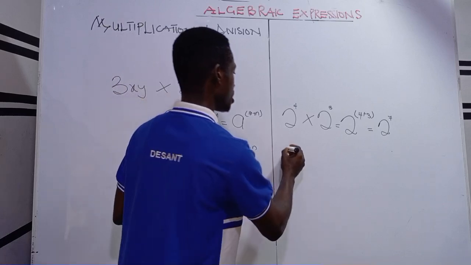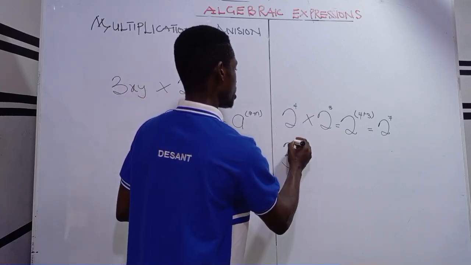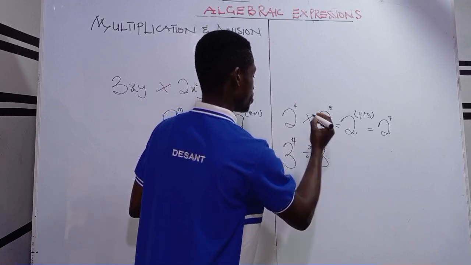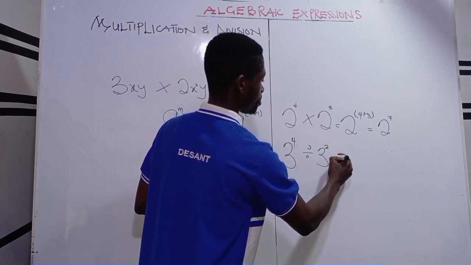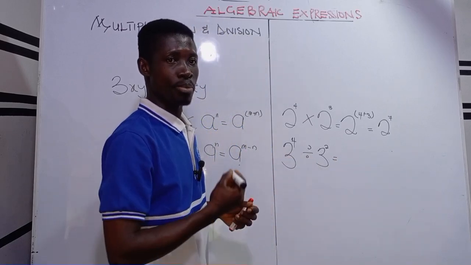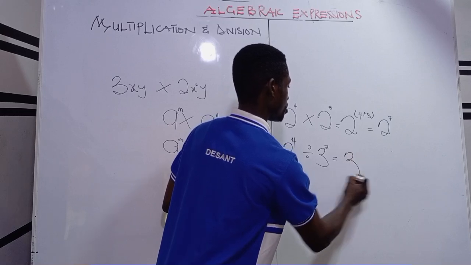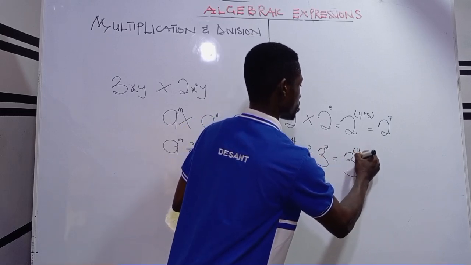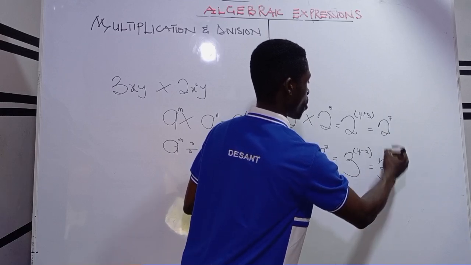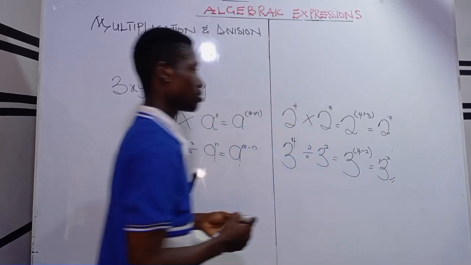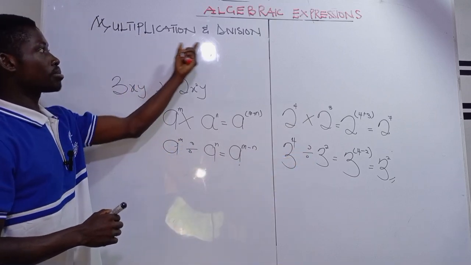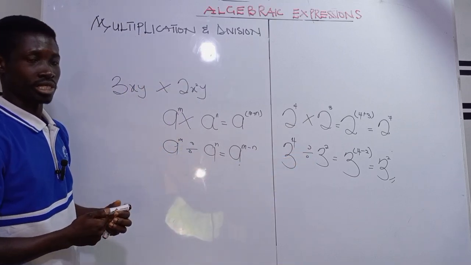Similarly, when you have, let's say, 3 power 4 divided by 3 power 2, since the bases are the same and then they are dividing, we pick one of the base and then we subtract their exponent. 4 minus what? 2. And this gives us 3 power 2. So we are going to base on this concept in multiplying and dividing algebraic expression.